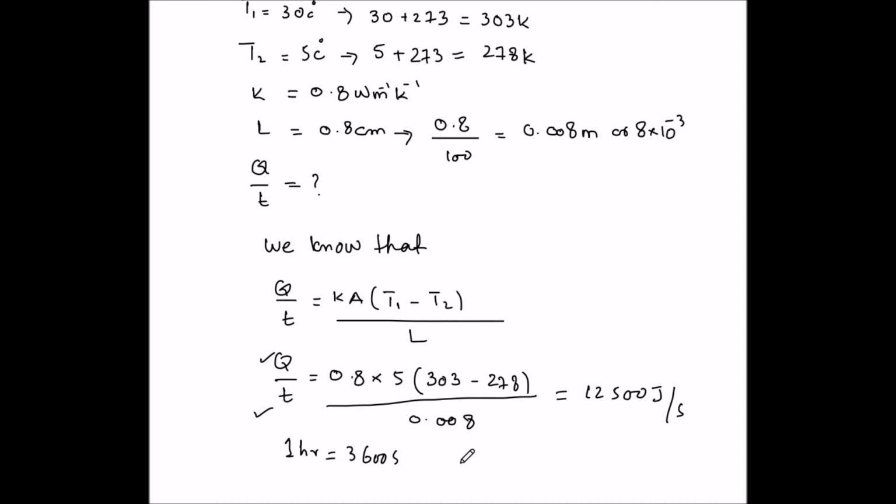So when you multiply 12,500 with 3600, that is the energy loss in 3600 seconds, which is equal to 1 hour. You get 4.5 times 10^7. So this is your energy loss per hour, and that is your final answer.